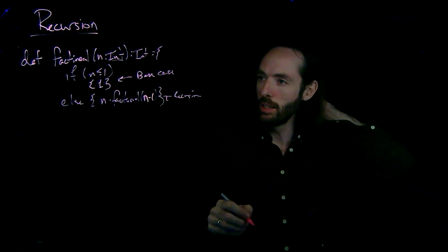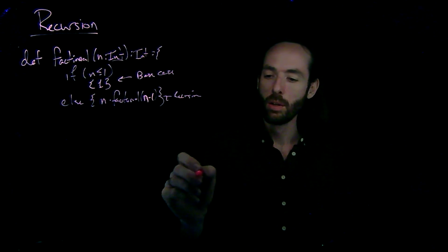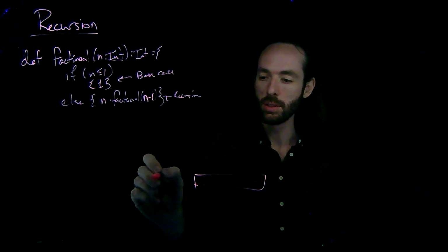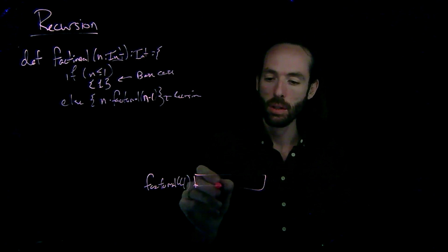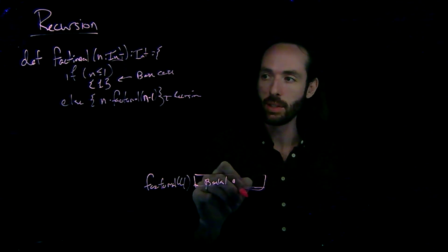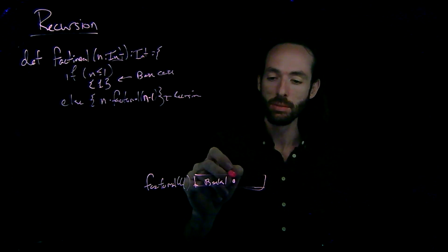So what happens here as we execute this? Well, we have our first call. Let's do, say, factorial of 4. What happens? Our first factorial goes through the base case stuff, and then it hits this recursive function.